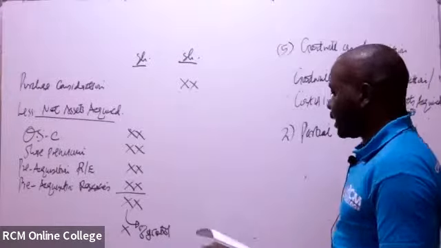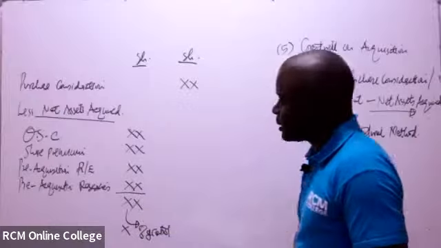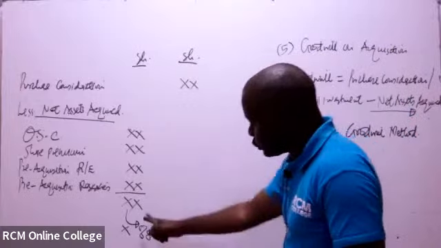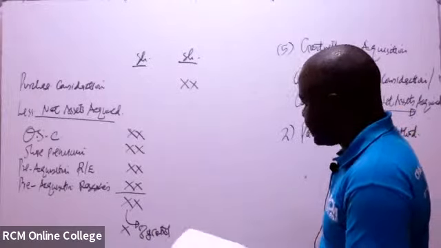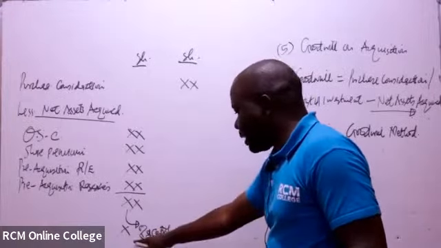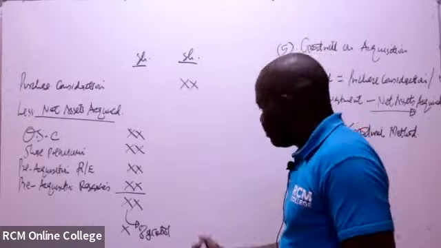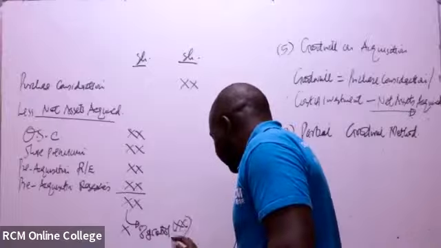If it is 70%, you take 70% of these net assets, because you're not using the full figure, you just take a proportion of what they control. Once you multiply, you get a figure. When you get that figure, you put it here, then you deduct it from this one.